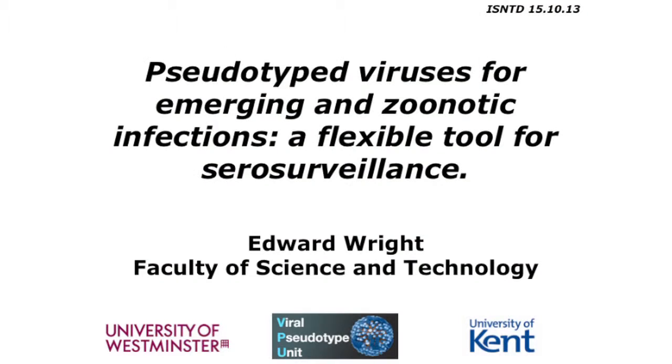I'm going to take the short session I have this morning to describe work that's gone on over the last 6-7 years, and it's all been in collaboration with colleagues at the University of Kent and has culminated in the last couple of years in the development of the viral pseudotype unit.